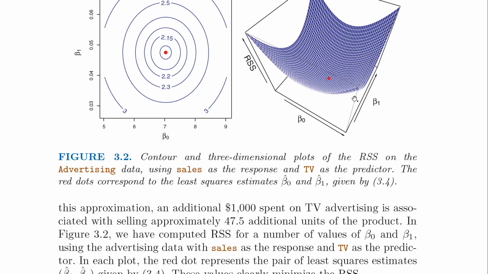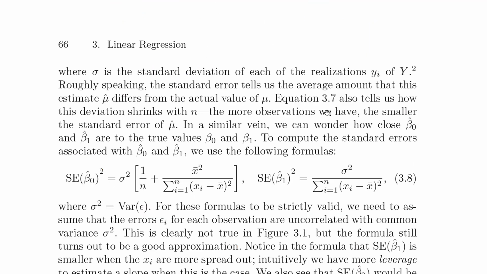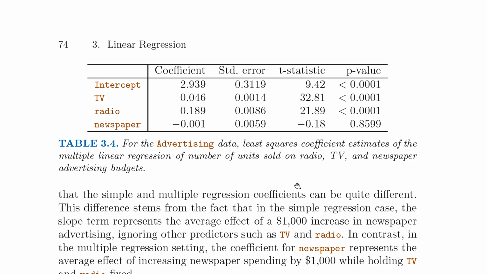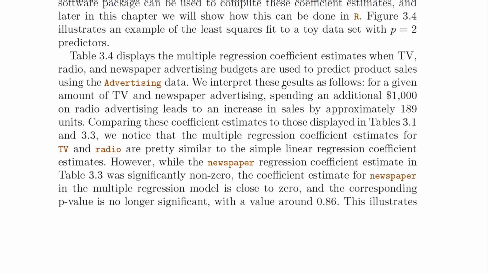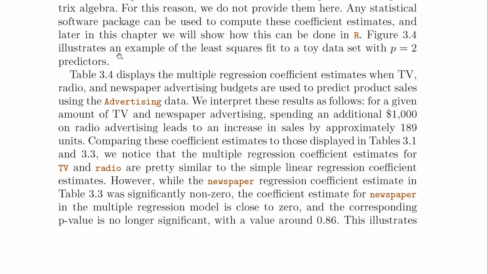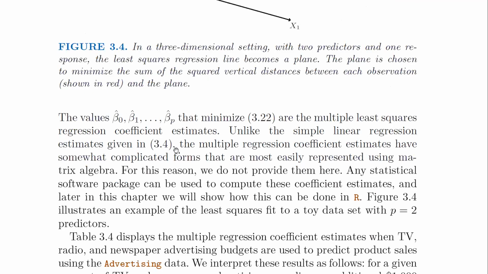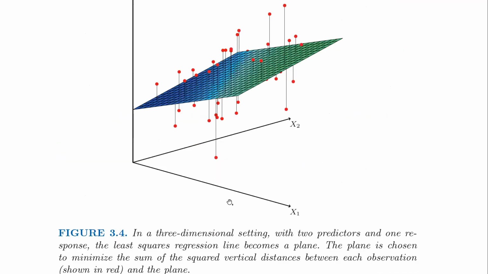So even in simple linear regression, you still have multiple parameters to estimate. You have your intercept parameter and your slope parameter. Figure 3.4 illustrates an example of the least squares fit to a toy dataset with p equals 2 predictors, which is these two over here, x1 and x2.